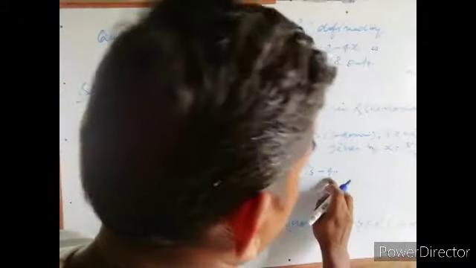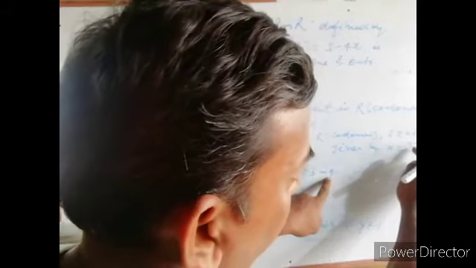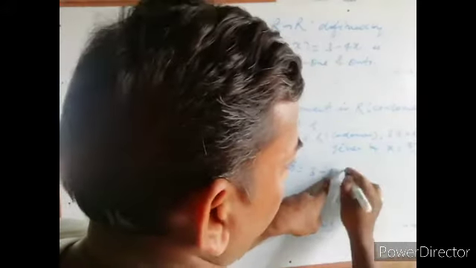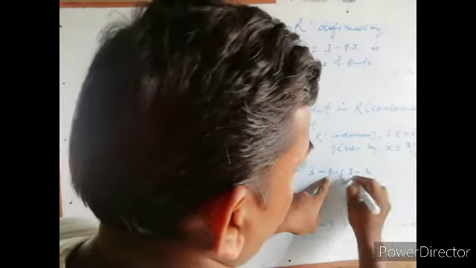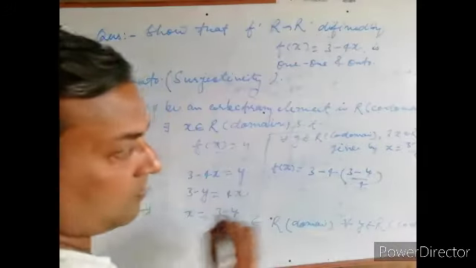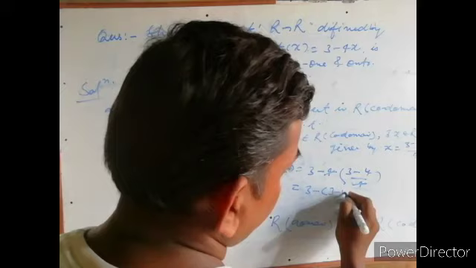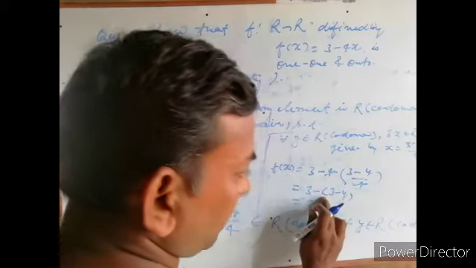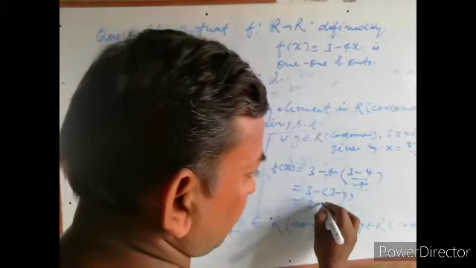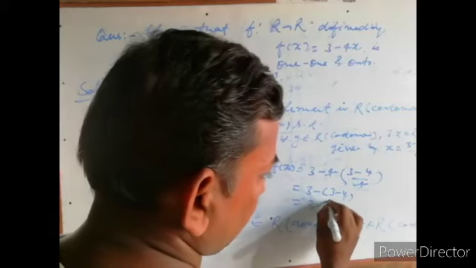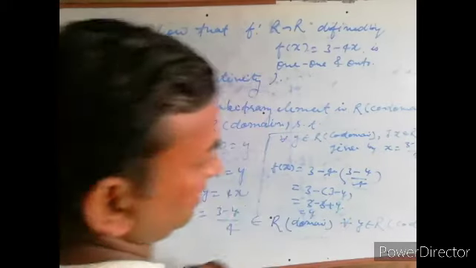The f of x is defined by 3 minus 4x. Here x replaced by (3 minus y) upon 4. The 4 cancels, you find here 3 minus (3 minus y), so if you open the bracket, 3 minus 3 plus y, 3 cancels, this is equal to y.